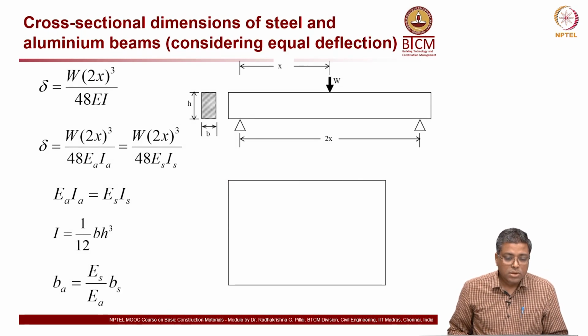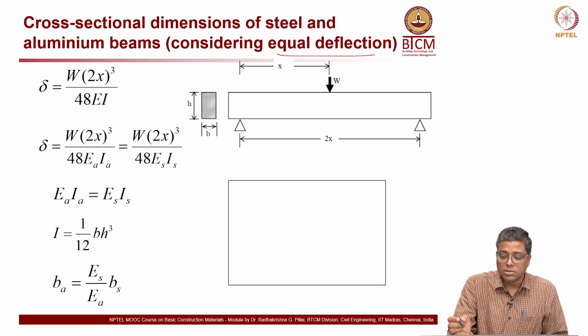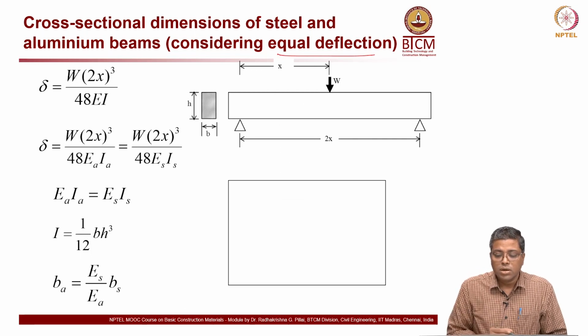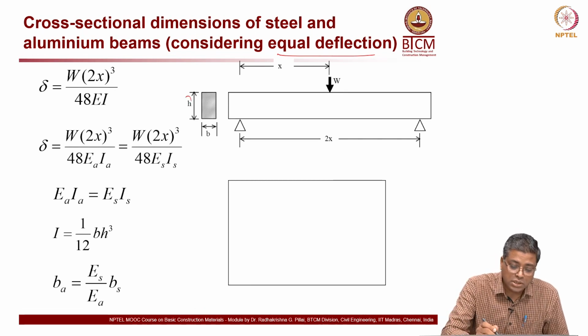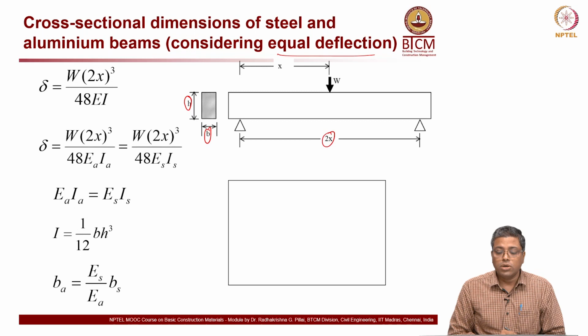Okay. Now, cross sectional dimension of steel and aluminum beams considering equal deflection. This is a beam you can see on the top right, with a cross section of height h and width b, and the length of the beam is considered to be 2x.